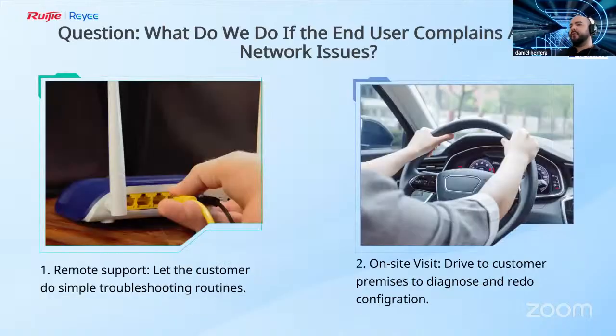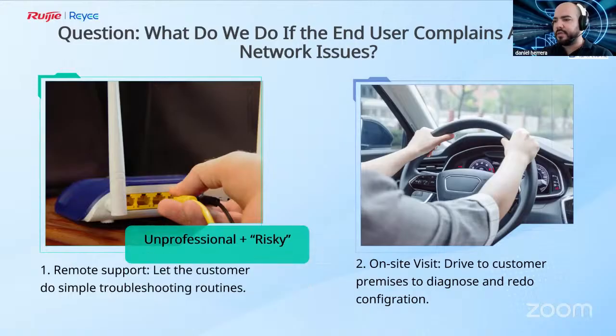Following question, what do we do if the end user complains about network issues? Sometimes the easiest way is to tell the customer to do simple troubleshooting routines, like try to unplug it from the power brick and plug it back. And the customer may say yes.